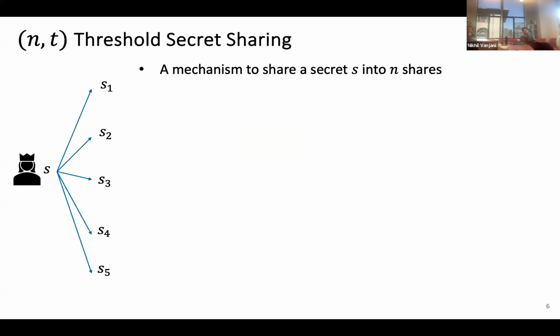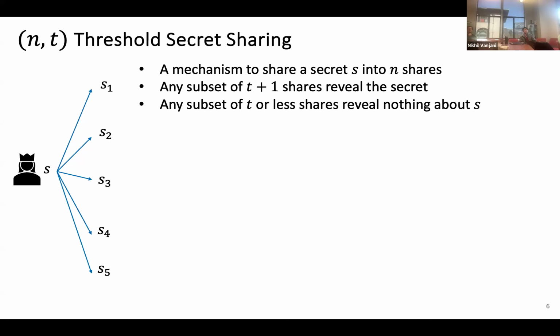Threshold signatures are typically built using something called threshold secret sharing, which I'm assuming all of you already know. It is parameterized by N and T. We have a secret S, and the goal is to divide the secret into N parts, such that any subset of T plus 1 or more can be used to reveal the secret, while T or fewer reveal nothing about the secret. These are basics, but very important.